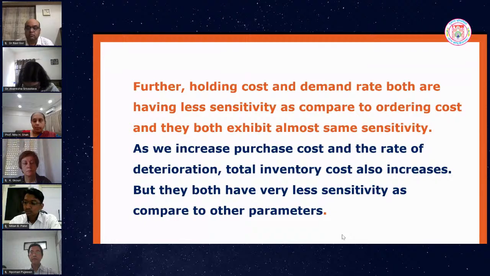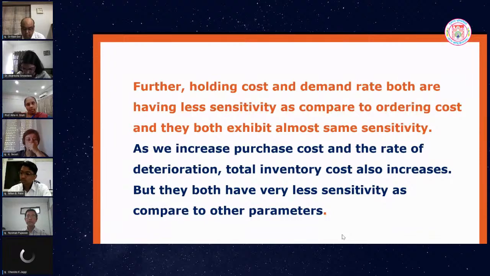Now, when we talk about purchase cost and rate of deterioration, once again, next to ordering costs, they play a vital role in defining inventory parameters. The total inventory cost increases, but they both have very little sensitivity as compared to other parameters, here in terms of ordering cost.